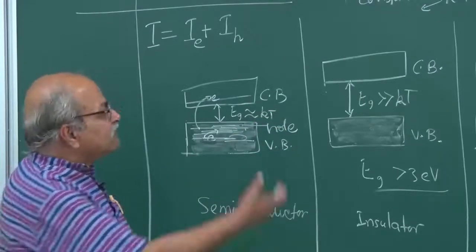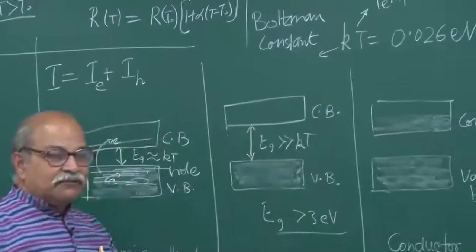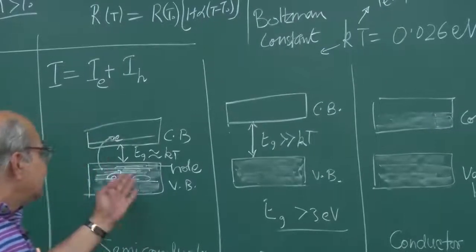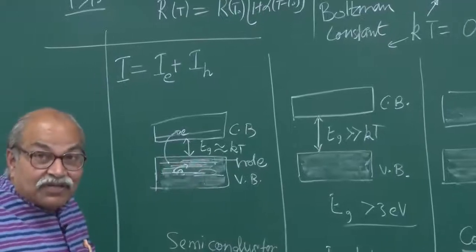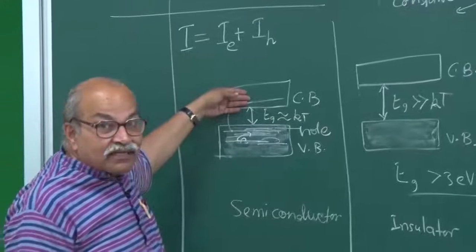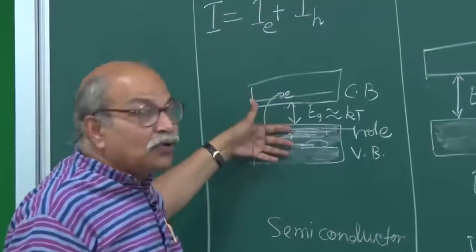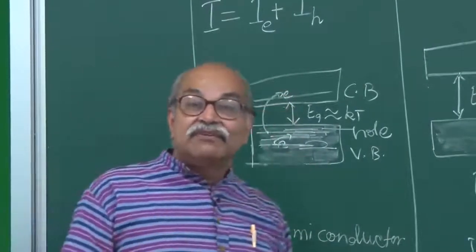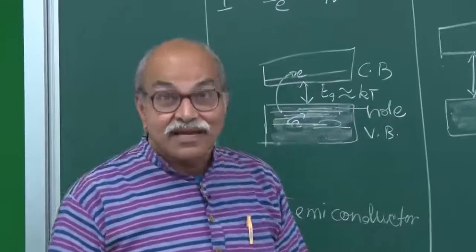So if you have this 26 milli electron volt, and in place of that it becomes 30 milli electron volts, the energies made available to these electrons are now more, and therefore more electrons can jump here, and the number of conduction electrons and the number of holes can both increase, and if they increase, the conductivity will go up, the resistance will go down, because you will have more current.